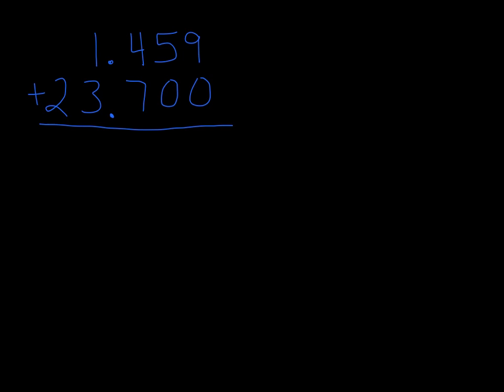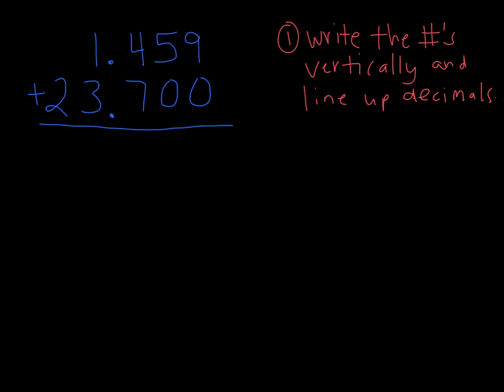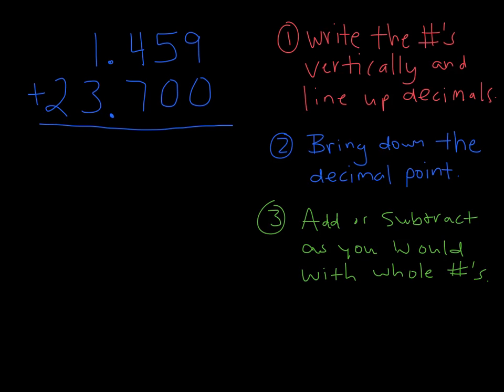So again, my first step is to write the numbers vertically and line up decimals. My second step is to bring down the decimal point. And my last step is to add or subtract as you would with whole numbers.